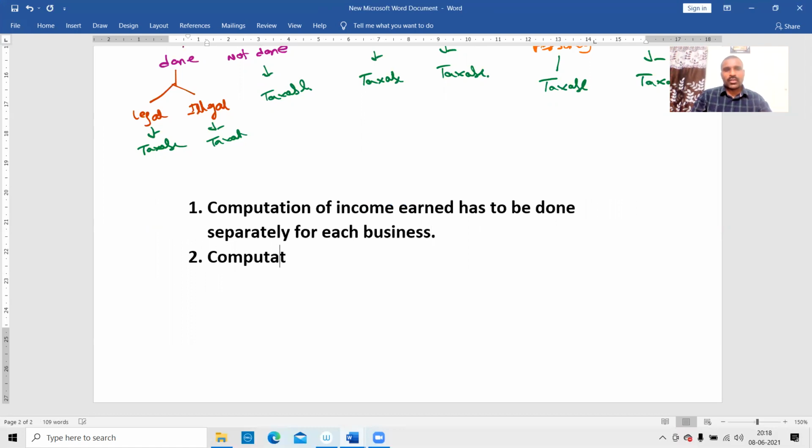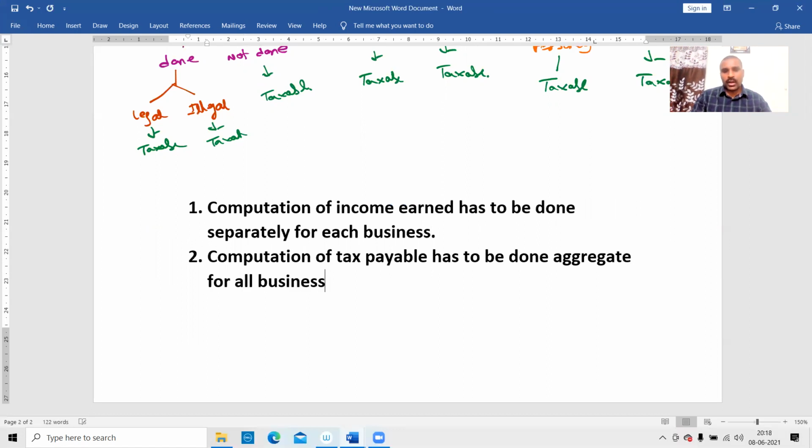Whereas computation of tax payable has to be done aggregately for all business. Aggregate for all business. This is the important point.